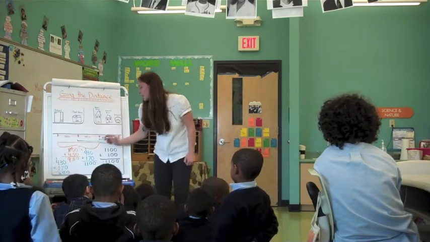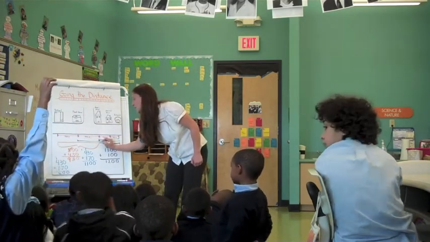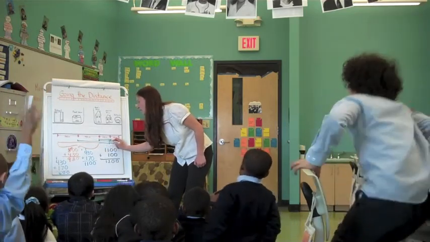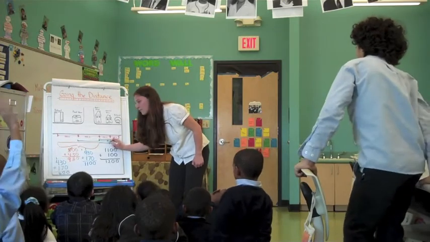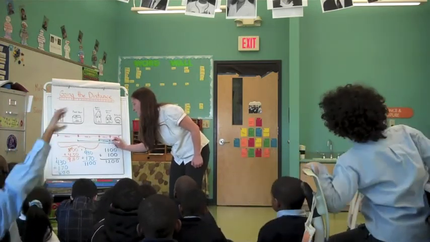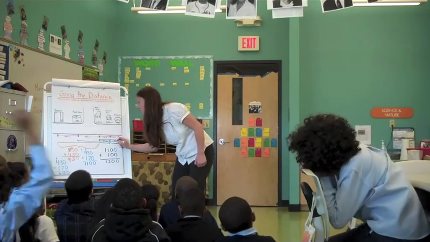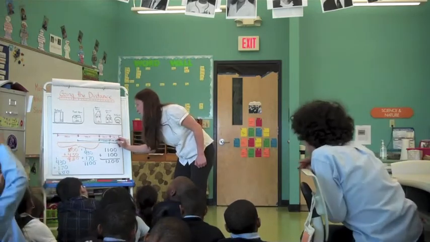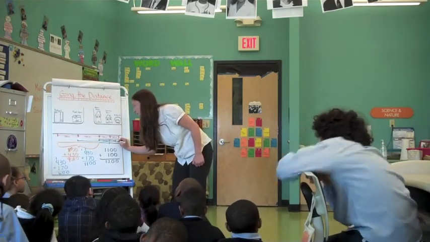So I'm here, I'm standing here. That's where I start. And then I travel, and I stop. How far did I go? So I add 170 meters, and then I have to go to the ballpark, and I stop. How far did I go? So what two numbers do I add?